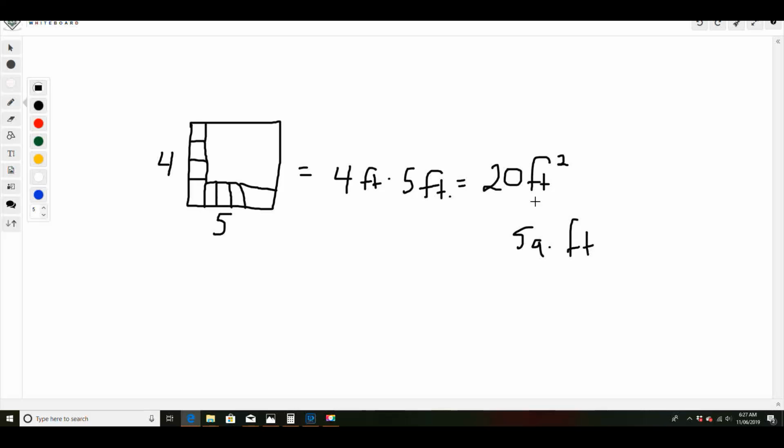Okay? You can also use exponents to simplify formulas. For example, rather than looking at the area of a square as the side times the side, remember area equals S times S, you could just say A equals S squared.